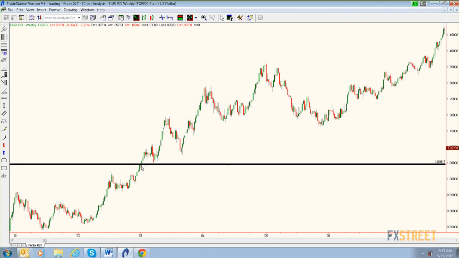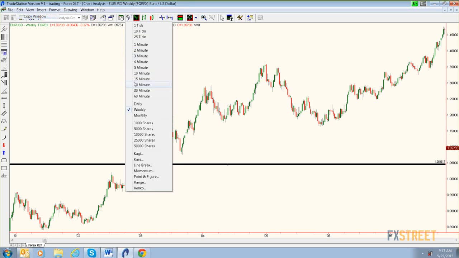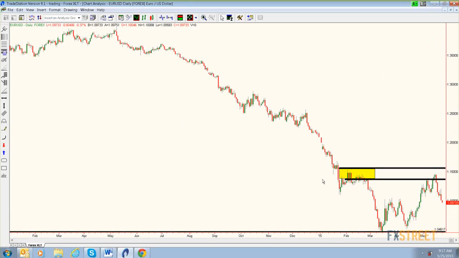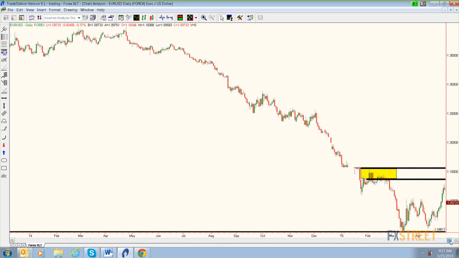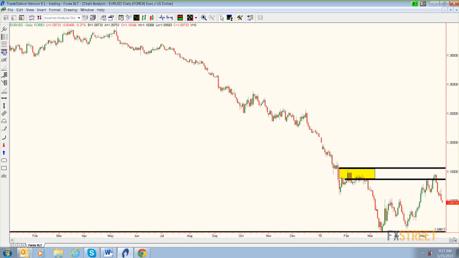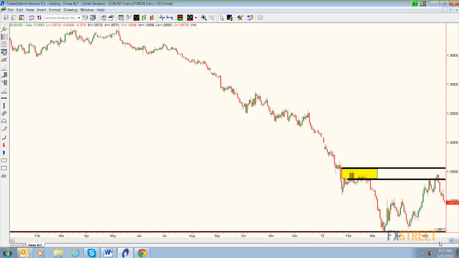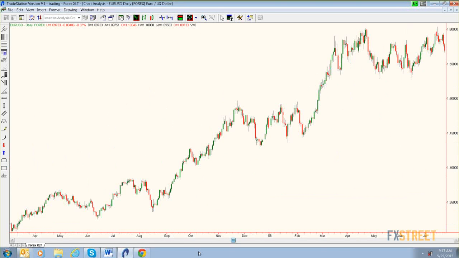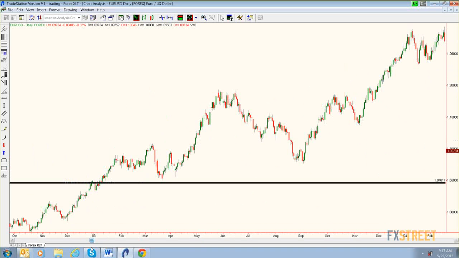You're going to see a little bit of demand on the daily in this area, so let's take a look. And that's why prices turn there. But we've already been back there once. So now I just want to change this chart to a daily so I can keep those lines. So let's do that. All right.